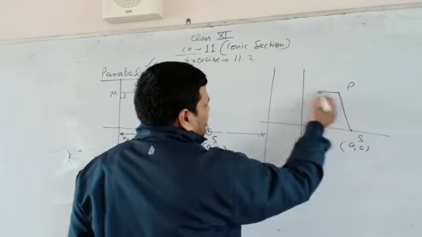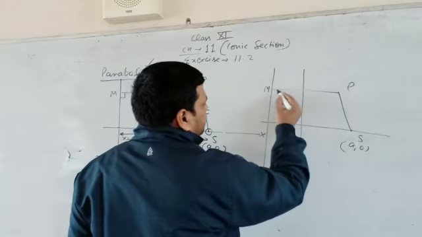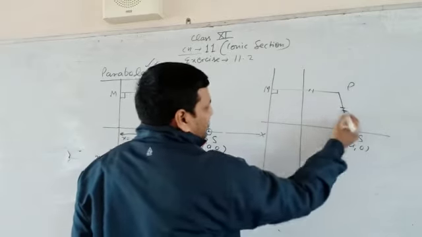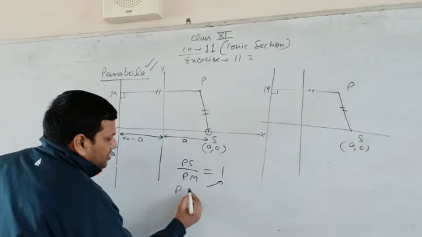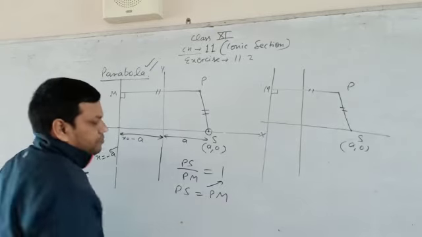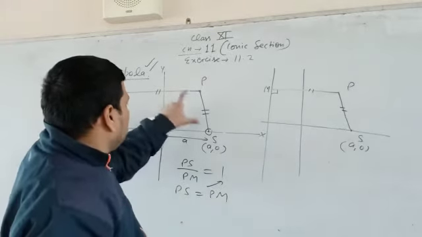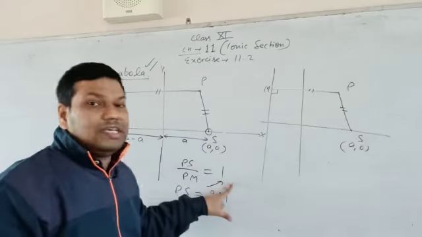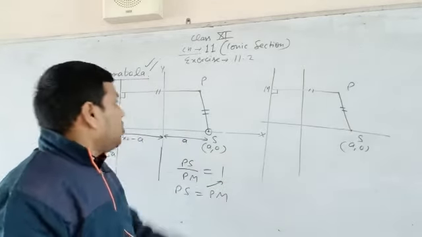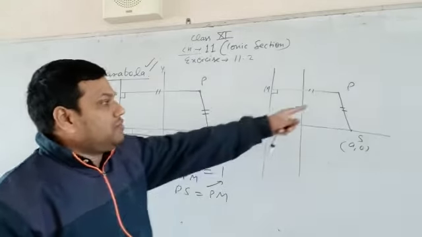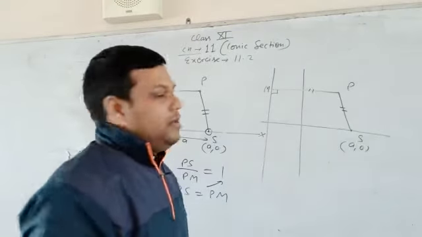Now, the perpendicular distance PM and PS are equal, the ratio of PS and PM is equal to 1, and the locus of that point is called a parabola.